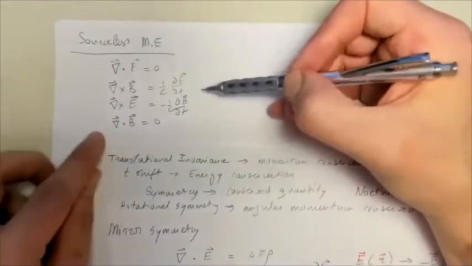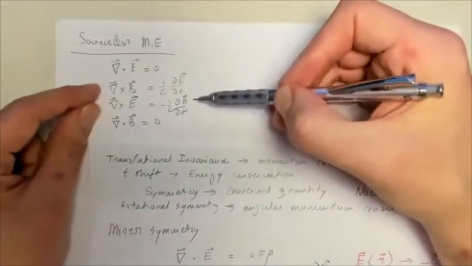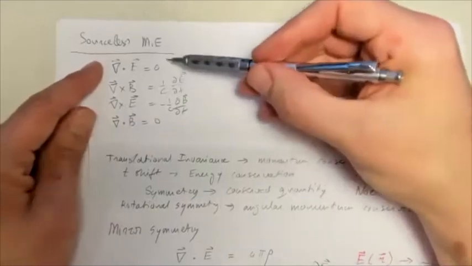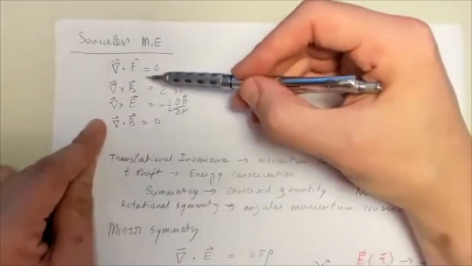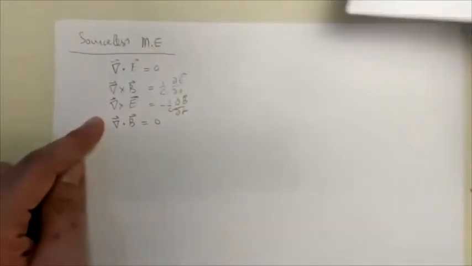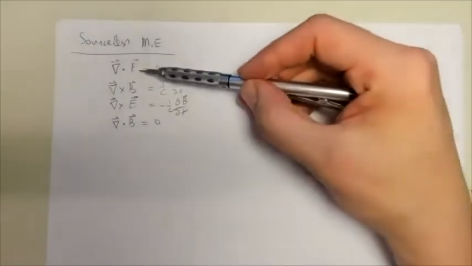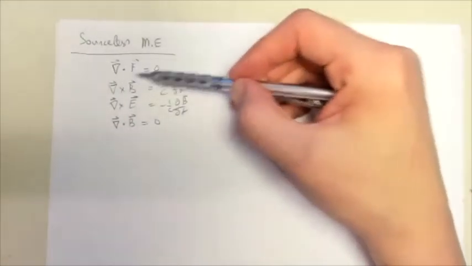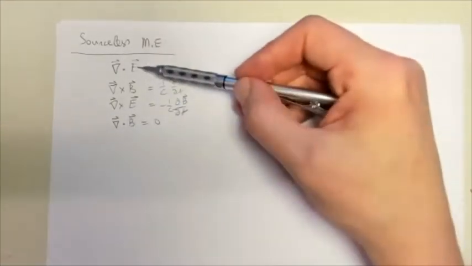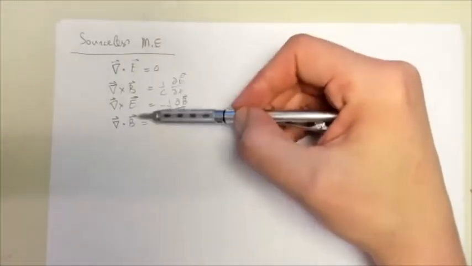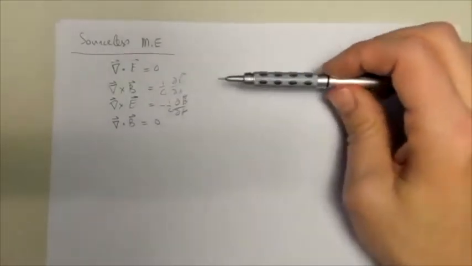Now, hopefully you see that these equations look very similar to each other, right? So look at what's happening with the E field. So divergence of E, sourceless version of Maxwell's equations, is 0, right? So divergence of E is 0, but also the divergence of B is 0. So we could swap E and B here and have the exact same expressions.